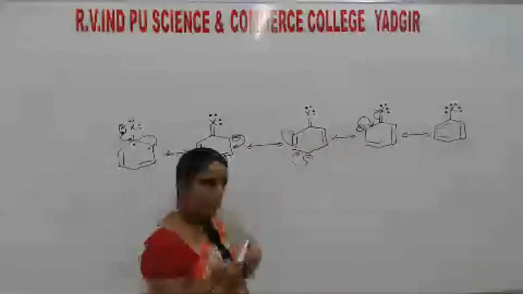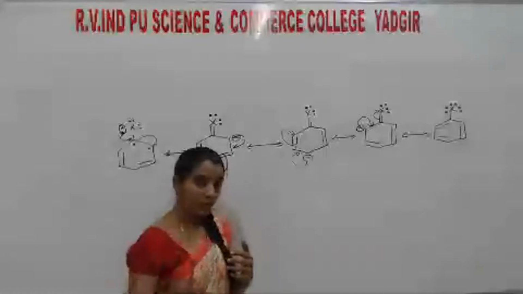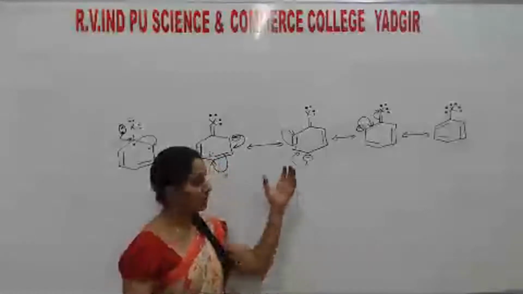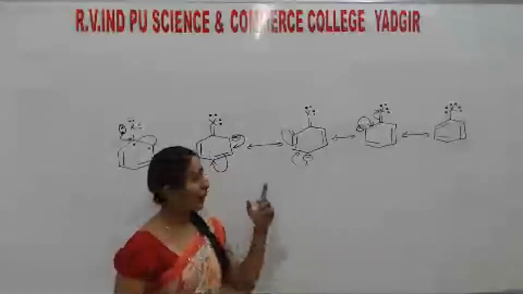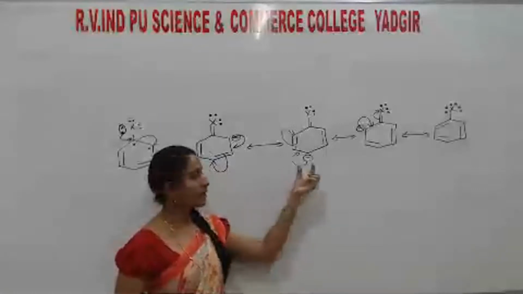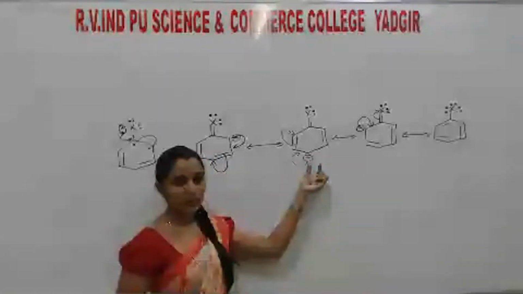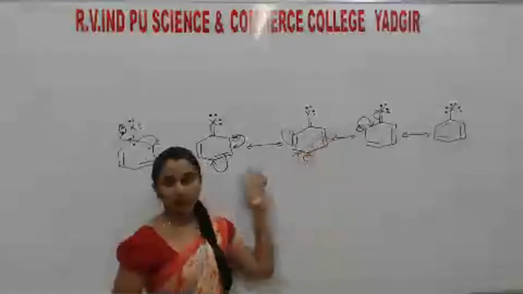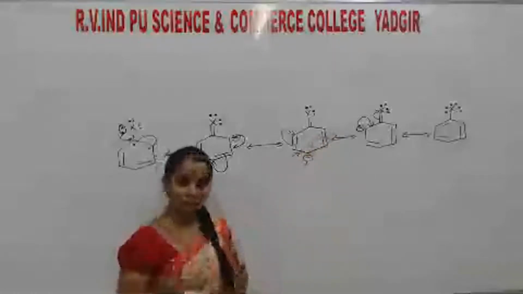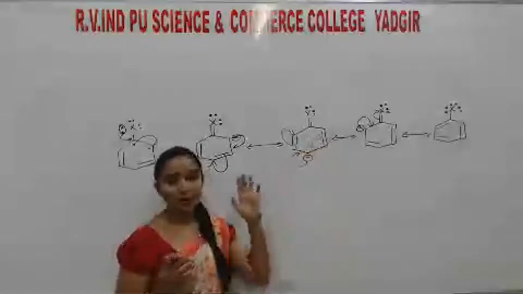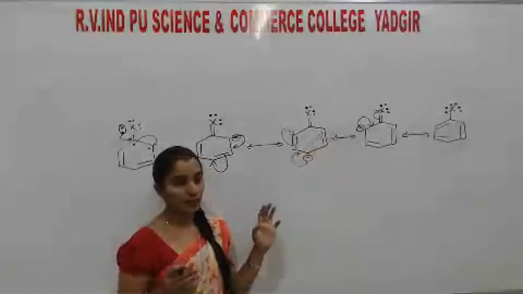For NO2 we say it is a meta directing group, right? Similarly, these halogens are ortho-para directing groups. Why? Because they create more electron density in the resonance at the ortho and para positions. So whatever product is formed here is ortho and para only. Understood?